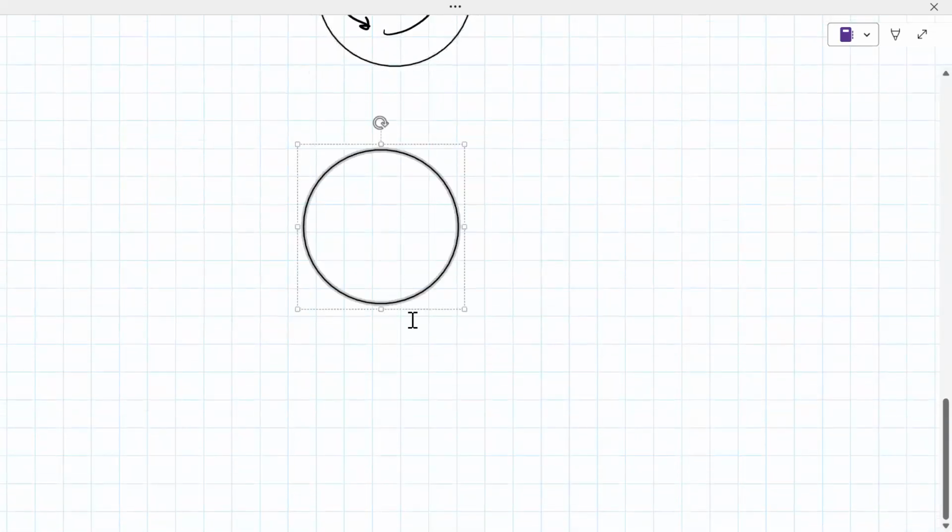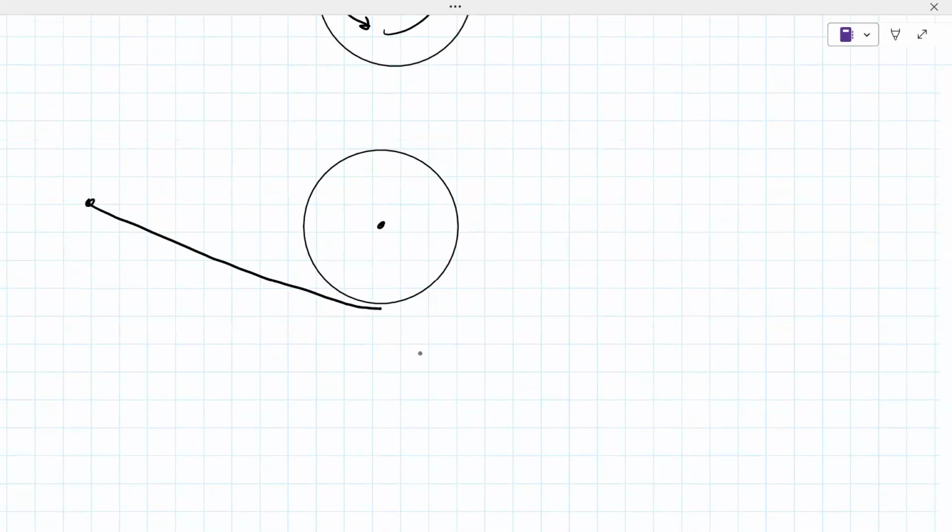And then finally, the last one here is a tangent. That's drawn really poorly. Let me try doing it this way. A tangent to a radius is 90 degrees.